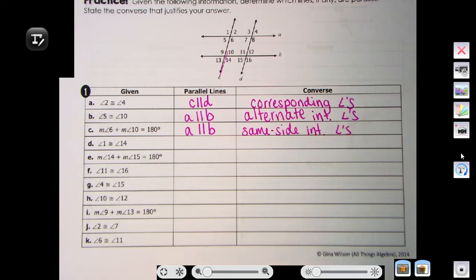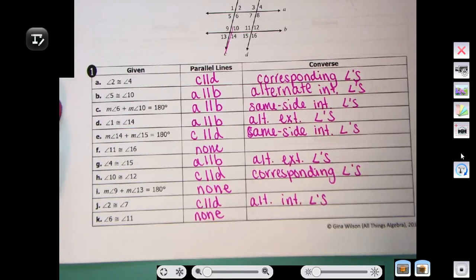Oh, and keep in mind, sorry, almost forgot to say that some of these angles might not have a relationship. So I will say that 2 of these are none, where there is actually no relationship between the 2. But go ahead and try these out.